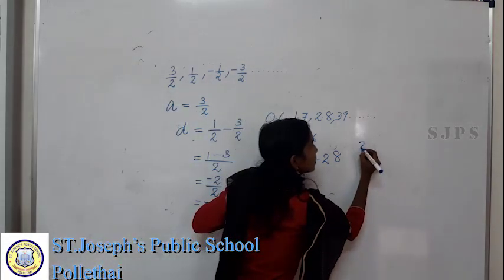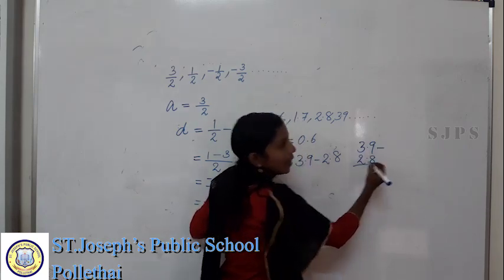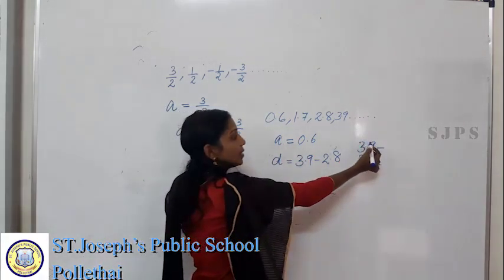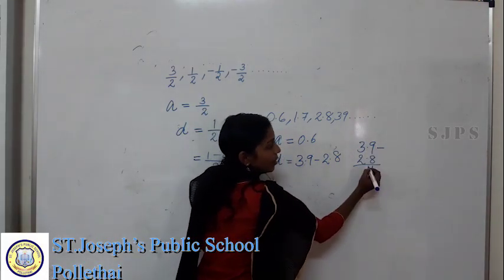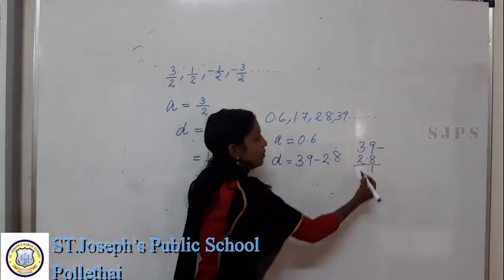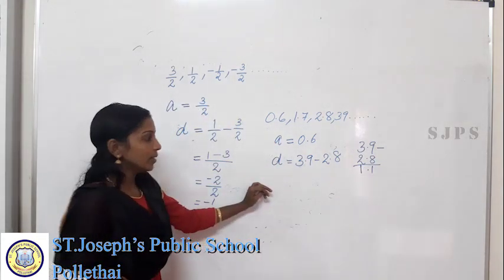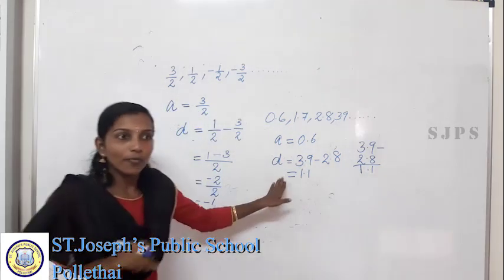Then 3.9 minus 2.8: 9 minus 8 is 1, then put the point here, and 3 minus 2 is 1. So we get the common difference as 1.1.